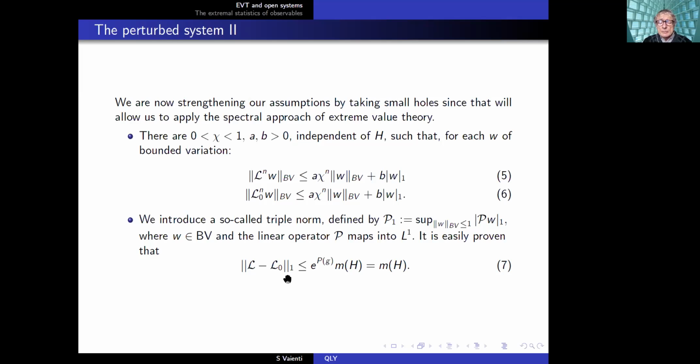Finally, the two operators should be close, and this is one of the reasons why the hole should be small, because in order to apply the perturbation technique, we need this difference in L1 norm to be very small. In particular, it is dominated by the size of the hole. For this reason, the hole should be small, but I will come back to this later on. Okay, so this is the technical preparation for the map and for the operator.